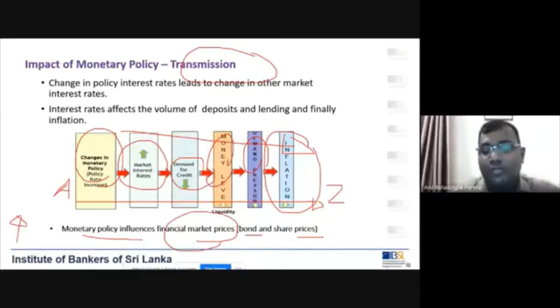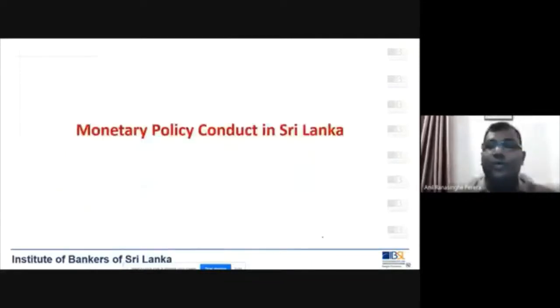So the impact on financial market prices is reflected through financial instrument prices like bonds, share prices, or even FDs, bank deposits, savings deposits, fixed term deposits. Those are getting changed with the monetary policy changes. Okay. That I think we can discuss in our own context, the Sri Lankan context.